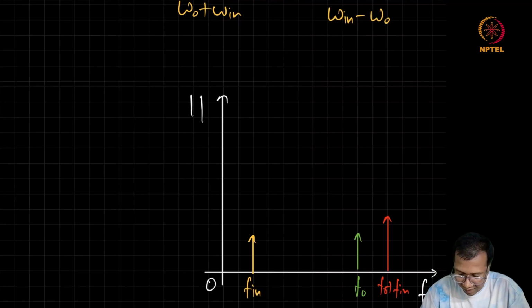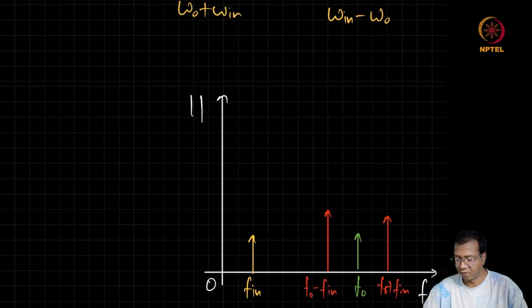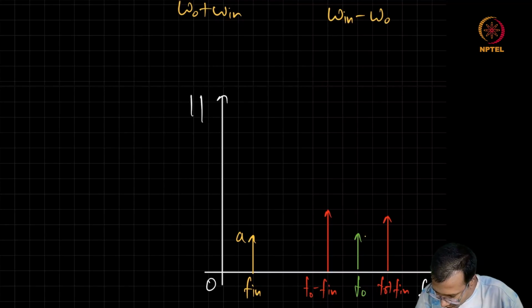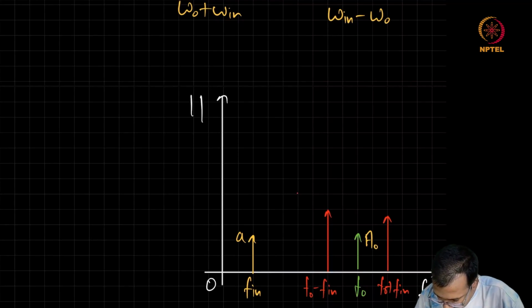Because for real signals there will be equal strength at the negative frequency as well as at the positive frequency, I need not show the negative frequency here. I will show only the positive frequency, which is f naught minus f in. And if the strength here is A and this gain strength is A naught, we have seen that the strength of these two signals are going to be A times A naught by 2.